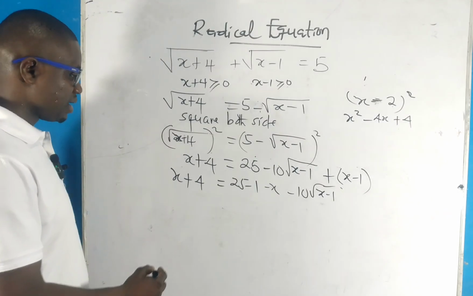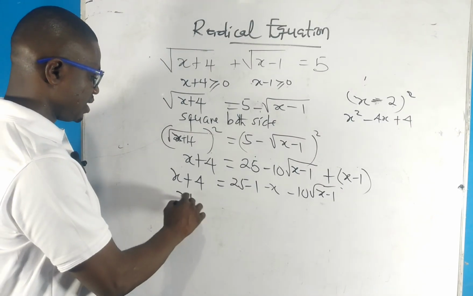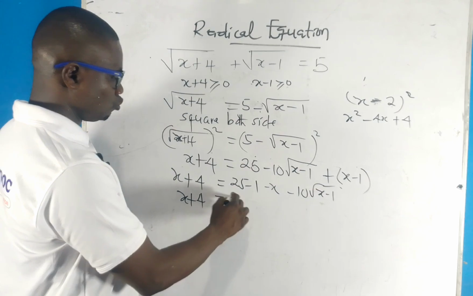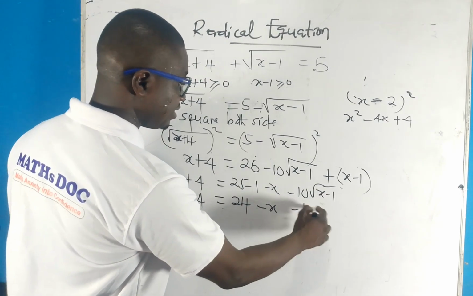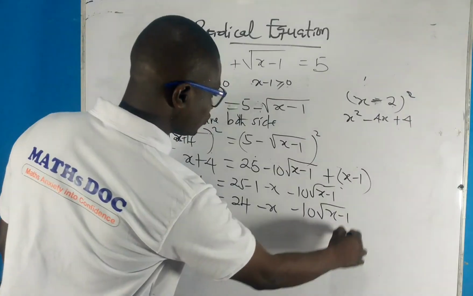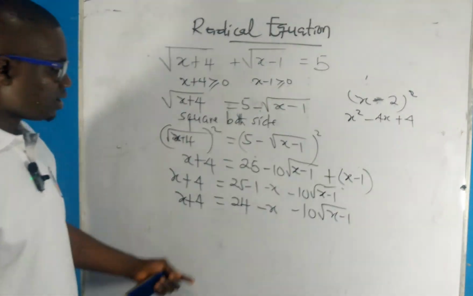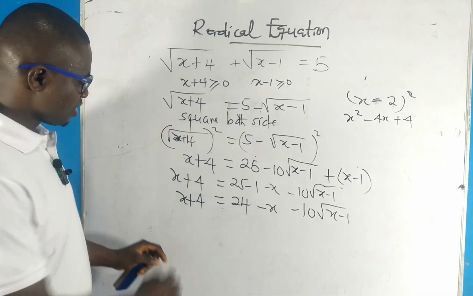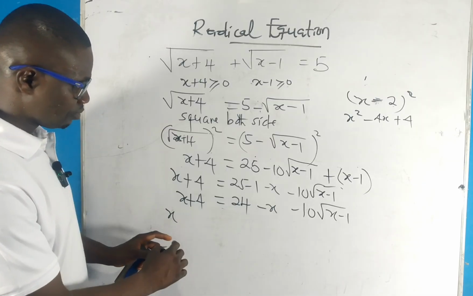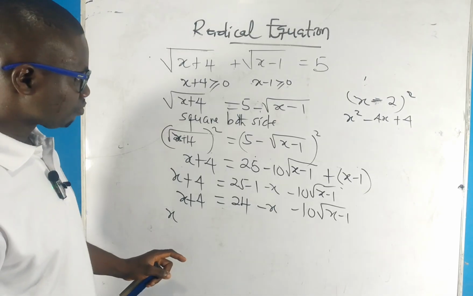So I have x plus 4 is equal to 24 minus x minus 10 root x minus 1.